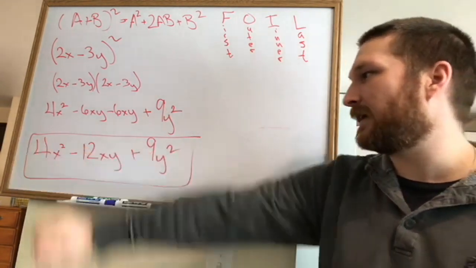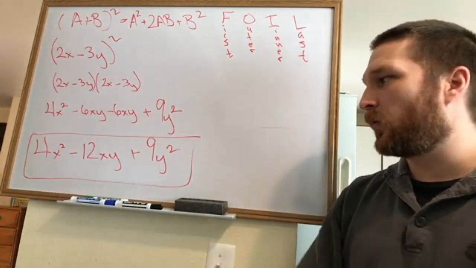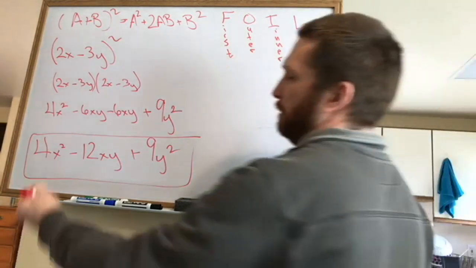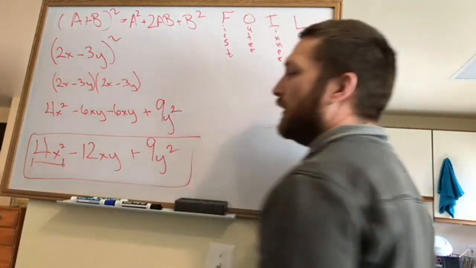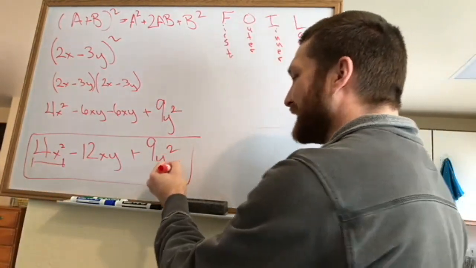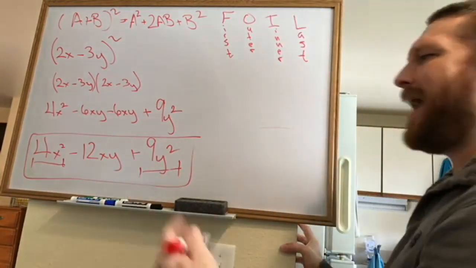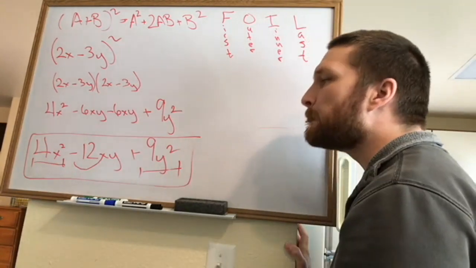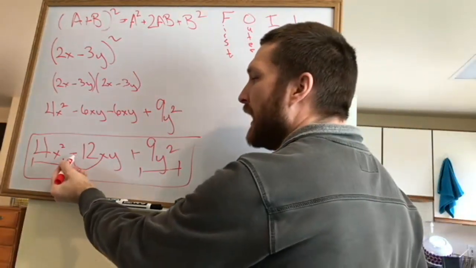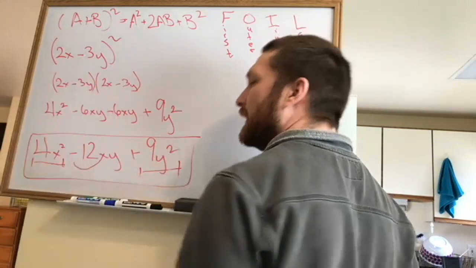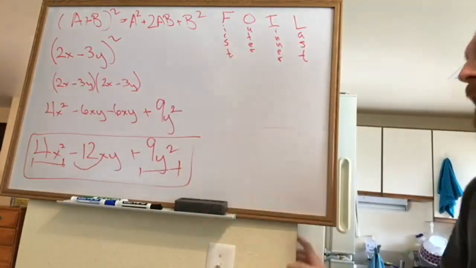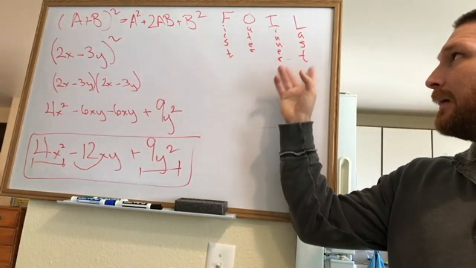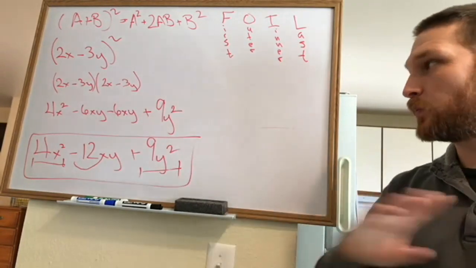When you get something like this and it says factor it, in other words, undo this thing, you'll look at it and go, that looks like something squared. Hey, that looks like 2 times something. And there's a negative there, so I know that there must be a negative there. And so we'll get there. Getting this in your brain is really good.